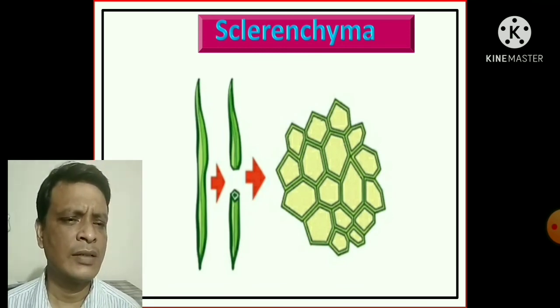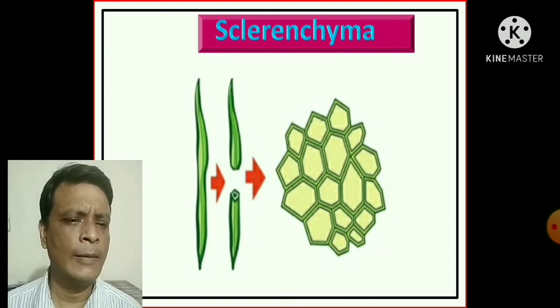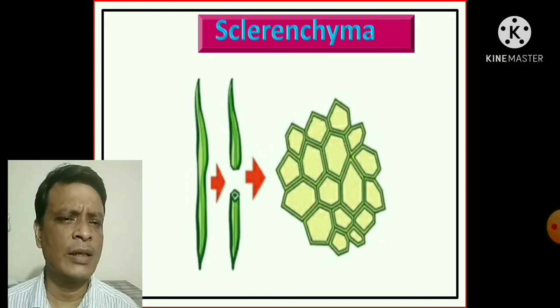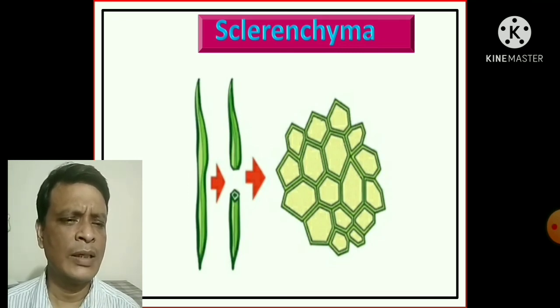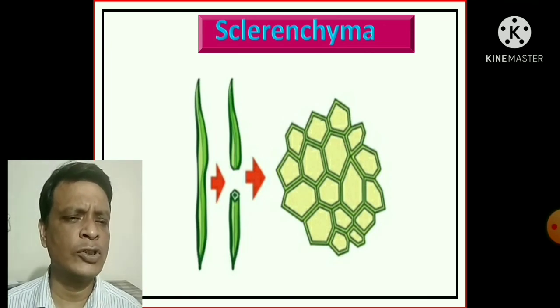The cell wall is very thick and made up of lignin. The main function of sclerenchyma cells is to give mechanical support to the plants. It is also responsible for conduction of minerals and water.